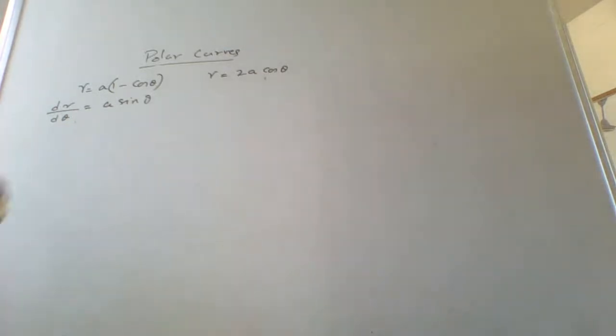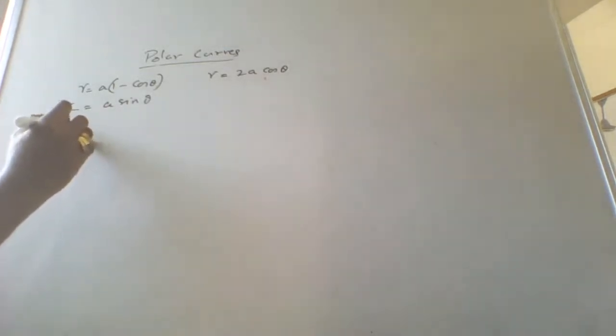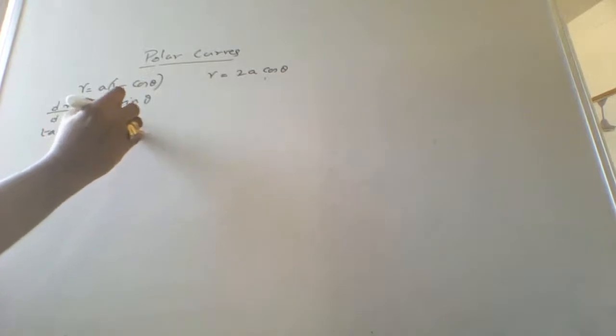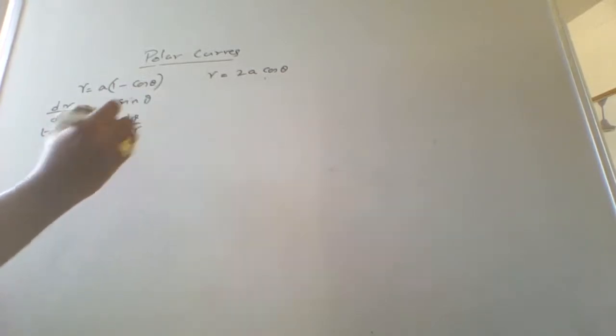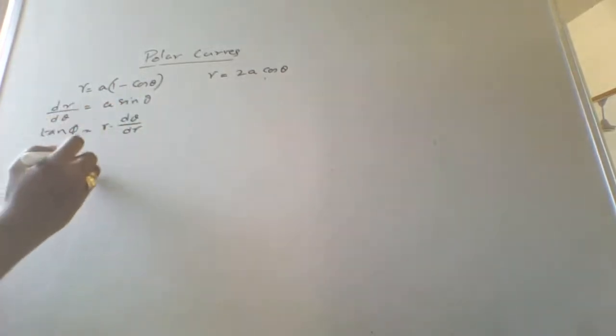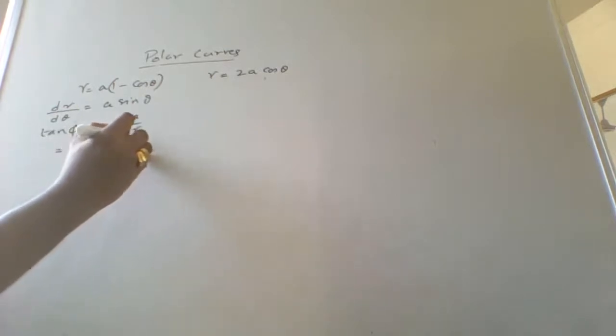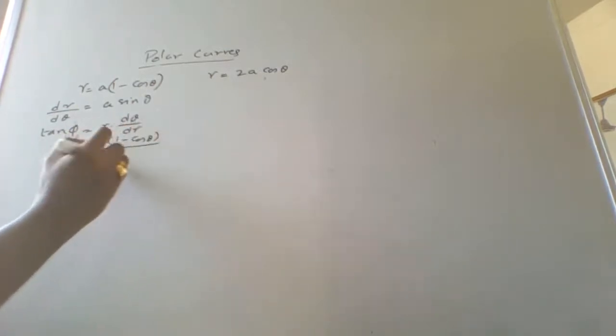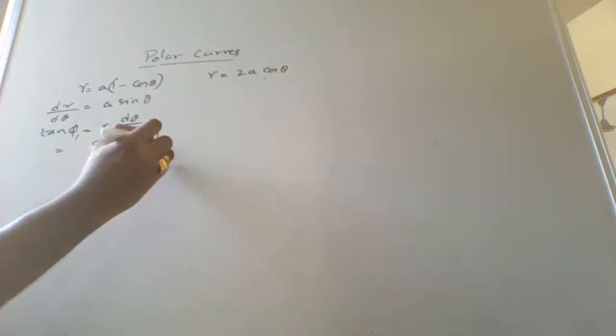Again, tan phi 1 will be r d theta by dr. That would be a into 1 minus cos theta over a sine theta.